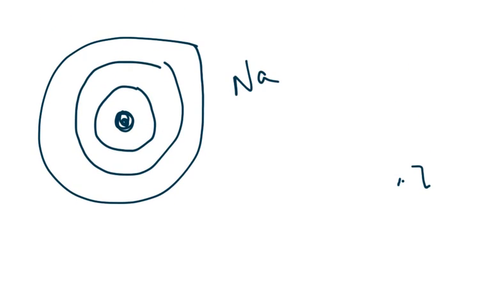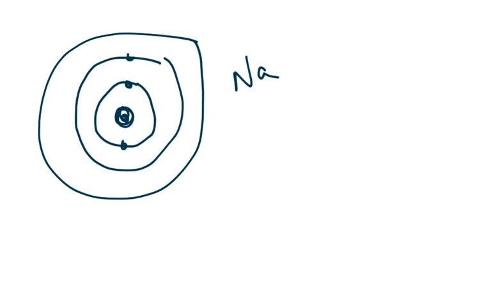So when we look at sodium right here, you'll notice that sodium has 1s2, so that's 2 electrons in level 1. Then he has 2s2, 2p6. So that is 8 electrons between the s2 and the p6 that he has in level 2. Then he has 3s1. Okay, so we have 1 electron out here in level 3.